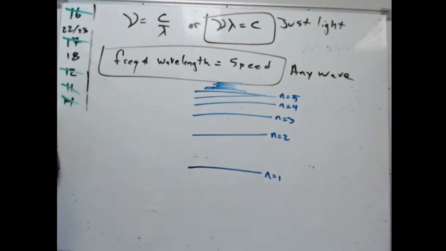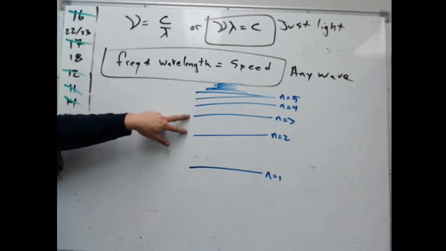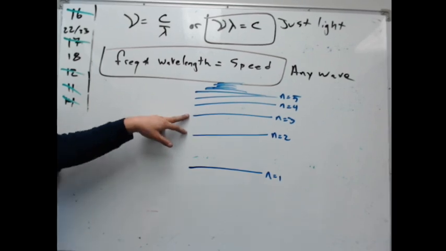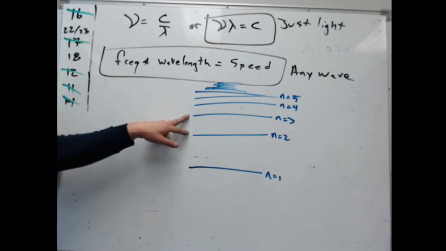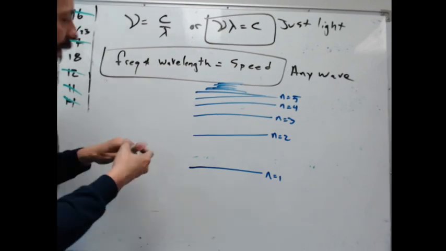What's going to be our smallest energy transition possible? 3 to 2, right? What's the smallest wavelength of light that we observed from hydrogen? Sorry, smallest energy of light, which would be the largest wavelength. That'd be the red.